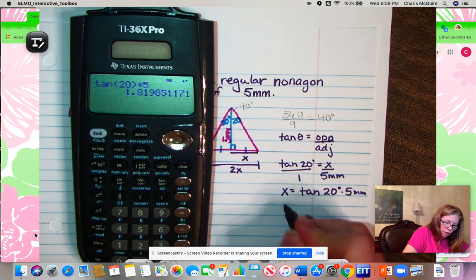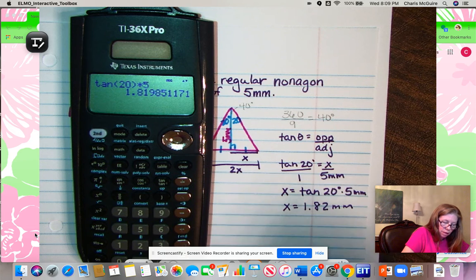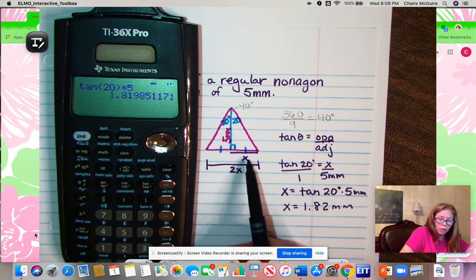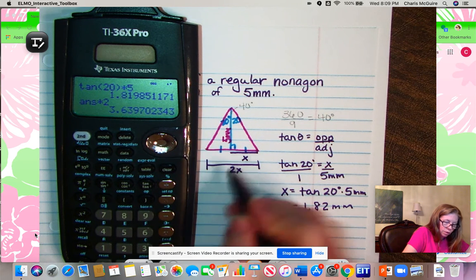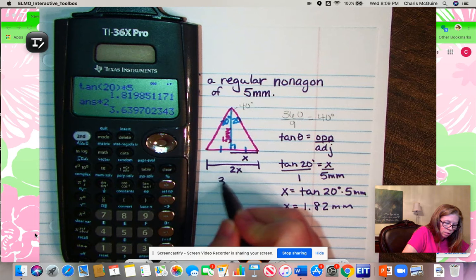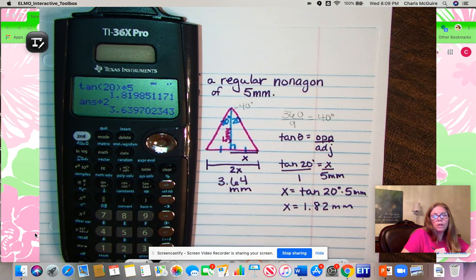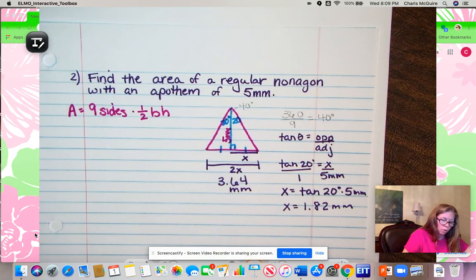And we are getting x equals 1.82 millimeters. Now here's the thing. This is half of the side, right? So we need to go ahead and times it by 2. And we're going to use the whole side, which is 3.64 millimeters. That's what we're going to put in our formula for the base of our triangle.